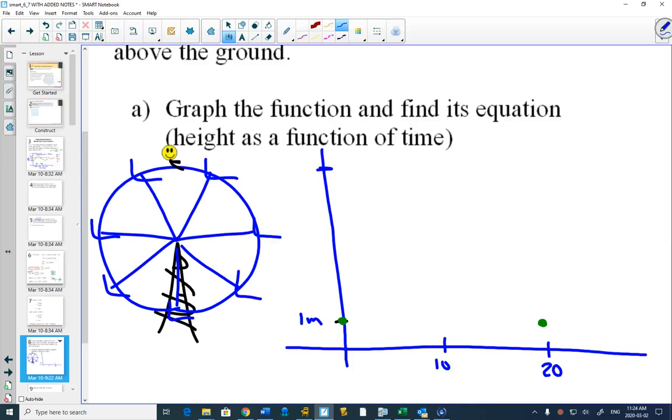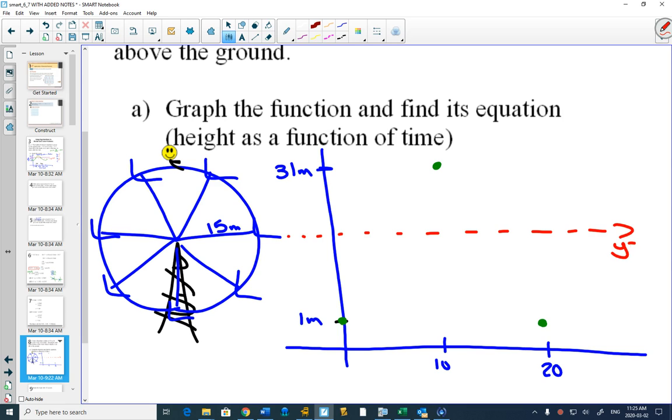Okay, how high are you? Because you're going to be there at 10 seconds, so I can put that green dot right there. But how high is that going to be? The radius is 15, so that means the diameter would be 30, and so it'll be at 31 meters. There's going to be a center line.